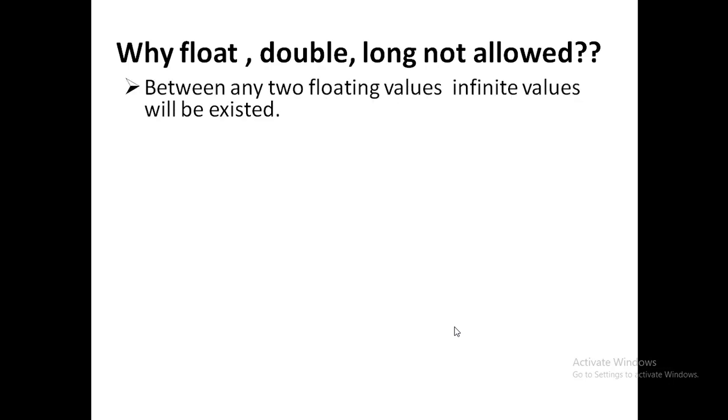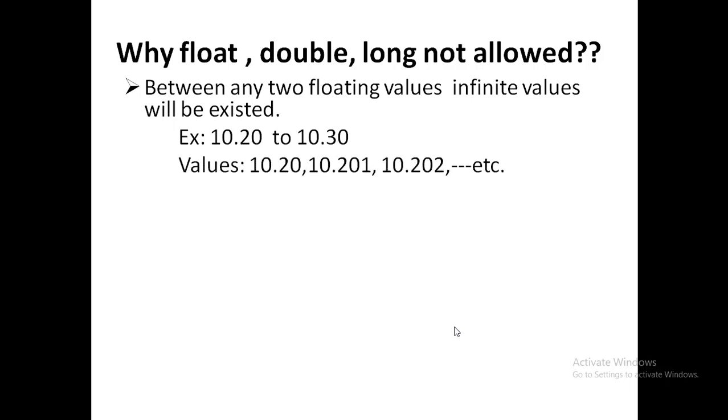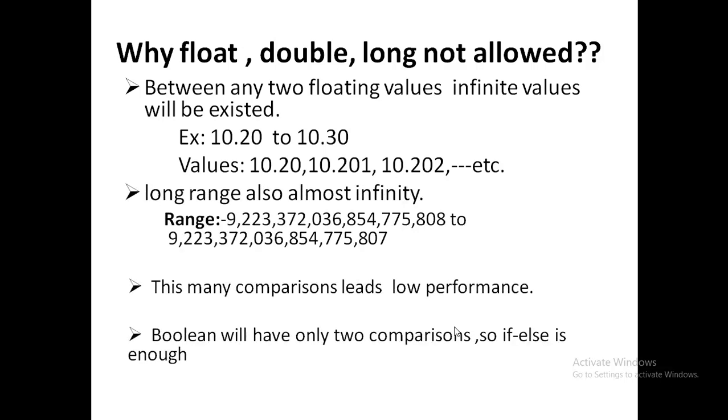Between any two floating values, infinite values exist. Suppose I take an example like 10.20 and 10.30, there will be infinite values like 10.201, 10.202, and so on. So infinite comparisons are not possible.